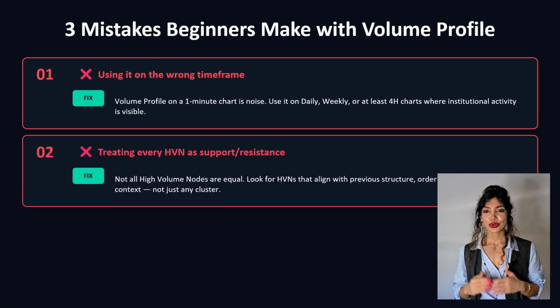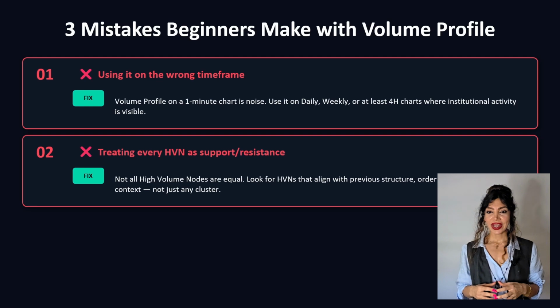Mistake number 2, treating every HVN as support or resistance. Not all high volume nodes are created equal. A lonely HVN with no confluence, that's just a cluster of volume.